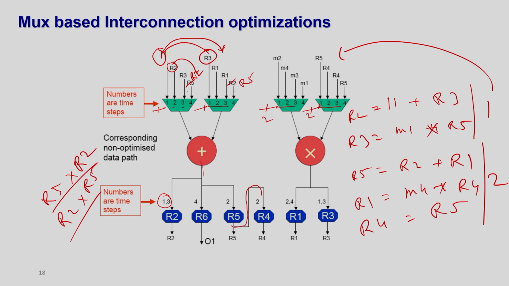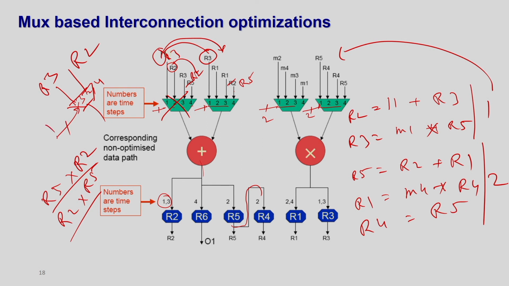So, if you bring R3 here, there are 2 R3, right. Now there are 2 R3, there are 2 R2. So, you can actually reduce the size to 2, because you only need R3 and R2. In timestamps 1 and 3 you need R3, and in 2 and 4 you need R2, and your control signal will now be 1 bit.